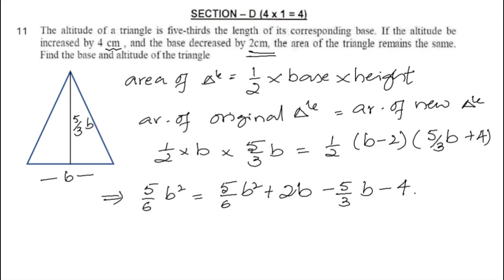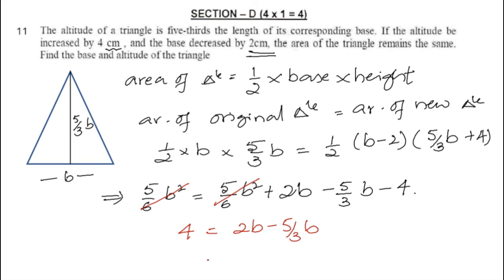Here 5/6 times of b square, they get cancelled. On transposing we get positive 4 equal to 2b minus 5/3 b.